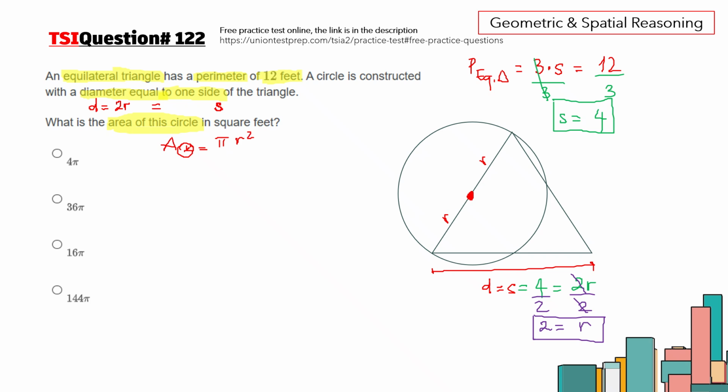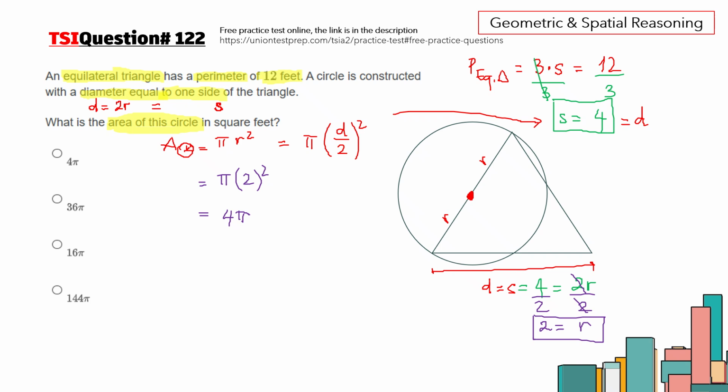In this question, you can also use the fact that R is D divided by 2, so pi times (D divided by 2) squared. In that case, you don't have to find R. So with R equal to 2, pi times 2 squared is 4 pi.